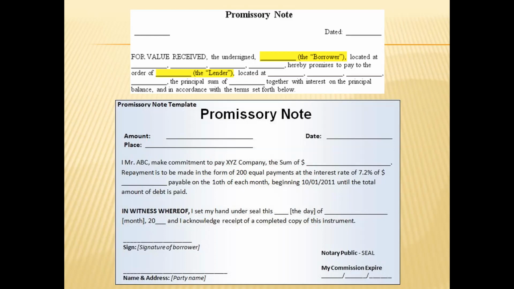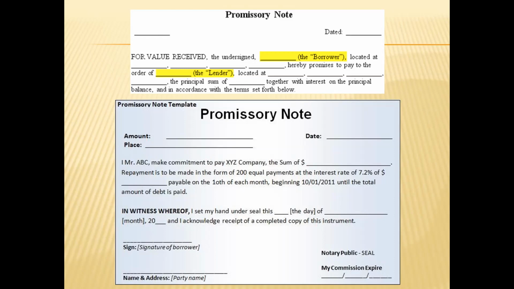And normally the dollar amount is also put in words, so that there's no doubt as to the amount. So for all promissory notes, you'll find that it's in figures and words, very much like how you do it on a check.